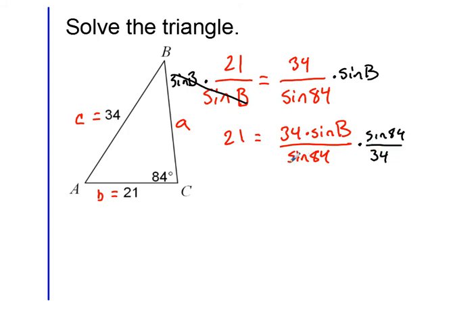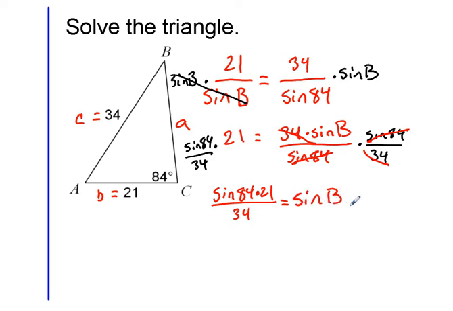This allows me to get rid of both of these simultaneously. Don't forget to do this on the other side. Sine of 84 divided by 34. So what I need to do is calculate the sine of 84 times 21 divided by 34. And this will give me the sine of angle B.